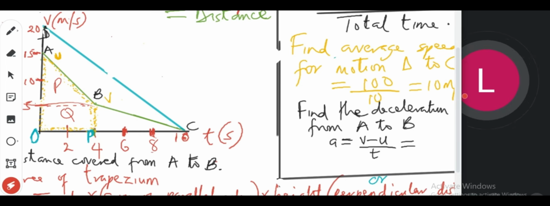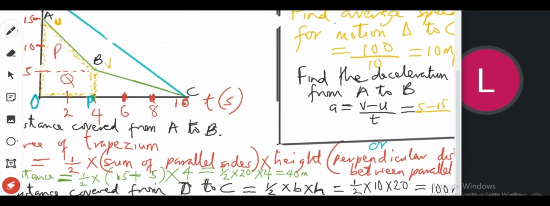Final v is 5. So we have 5 minus u, which is initial velocity, 15, over the time from A to B, which is 4 seconds, over 4.